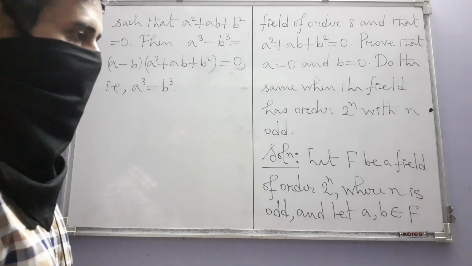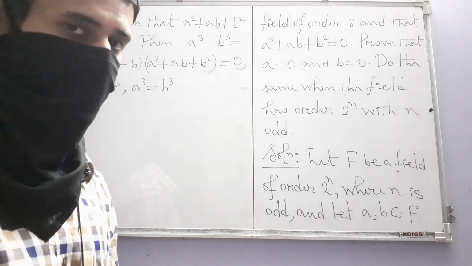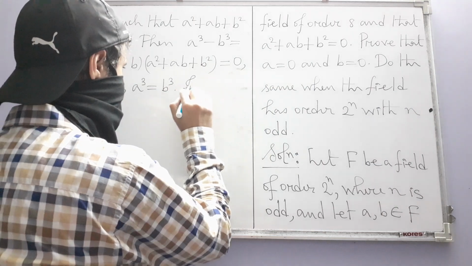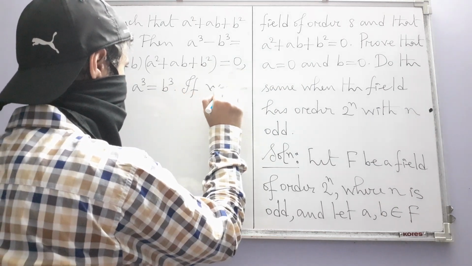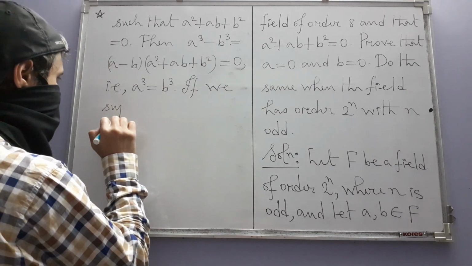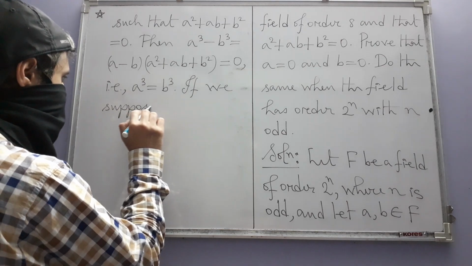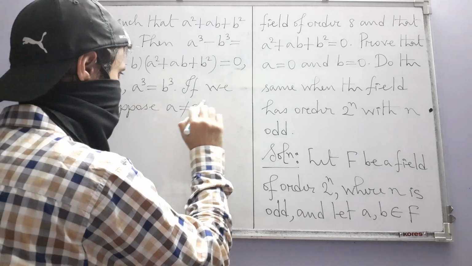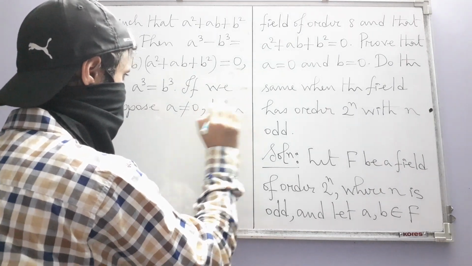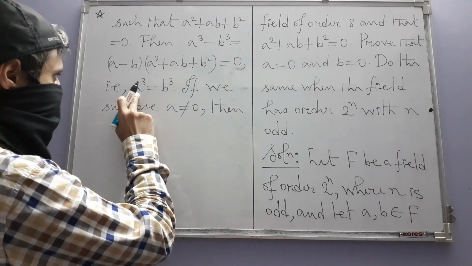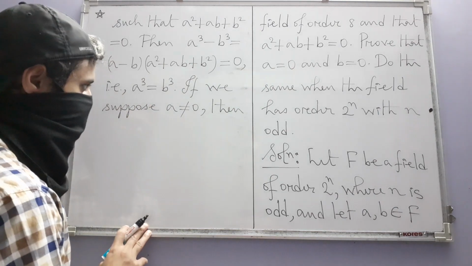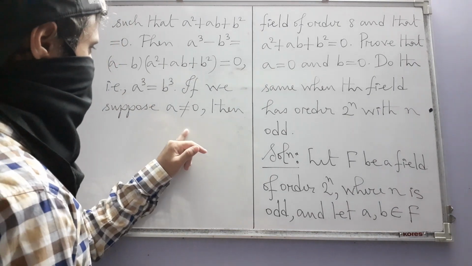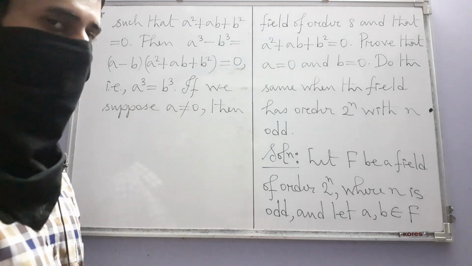Now let's see what happens if we suppose that a is non-zero. Say, if we suppose a is not equal to 0, then you can divide on both sides by a cube because the field is an integral domain. So non-zeroness of a implies that a cube is also non-zero.